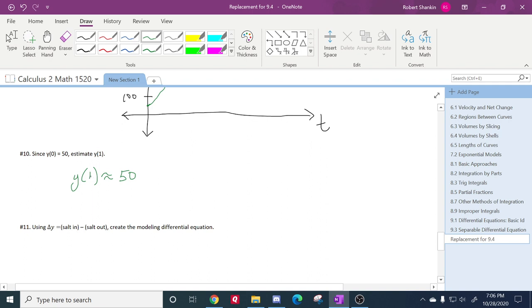Y sub 1, the best estimate for what's going to be 1 minute later is, well, it's going to be the same, unless you know something about the derivative. How is it changing? And if you know something about how it's changing, what's the derivative at time 0? Now, what does this mean?